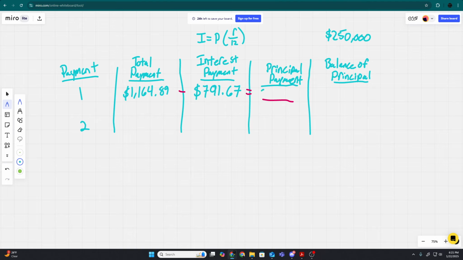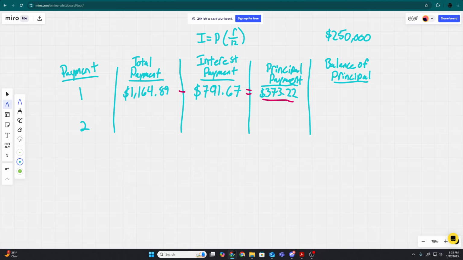The principal portion will be a measly $373.22. So on this first payment, we can see that there's very little going towards the principal. Okay, and that's pretty typical with a mortgage. Since there's so many payments, the very first couple payments, you're barely changing what you owe. Okay? Now, it is going down, but it's not going down by much.